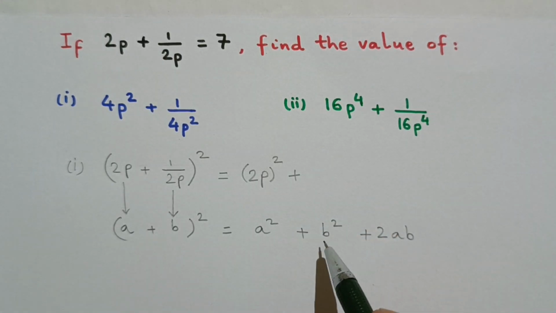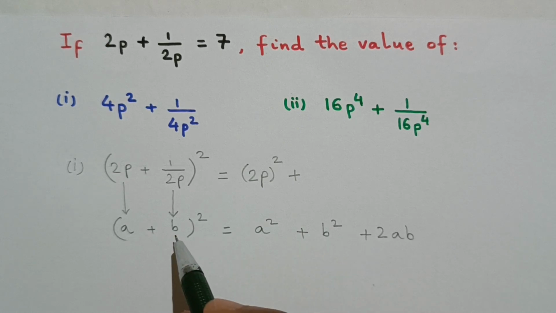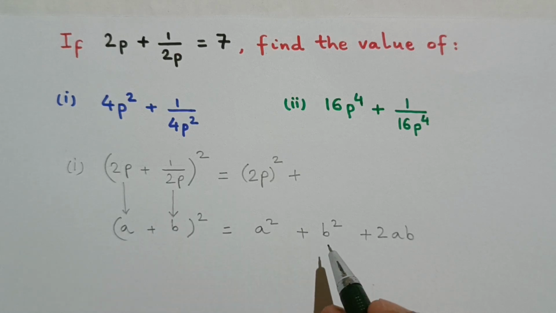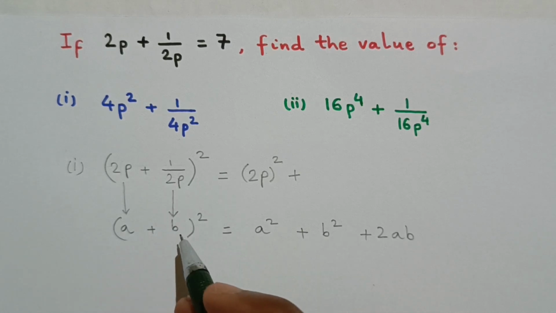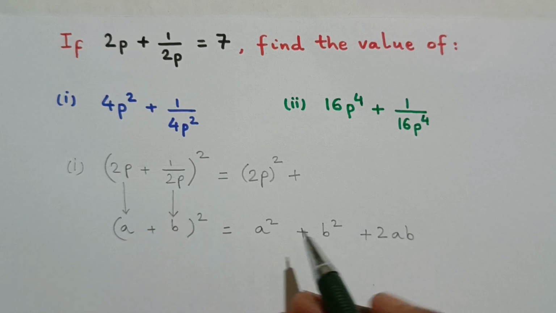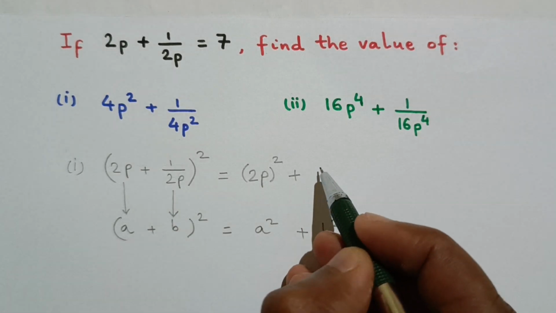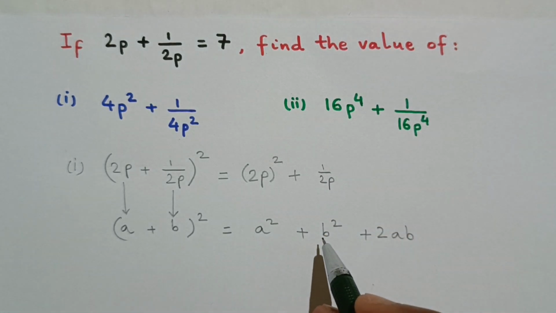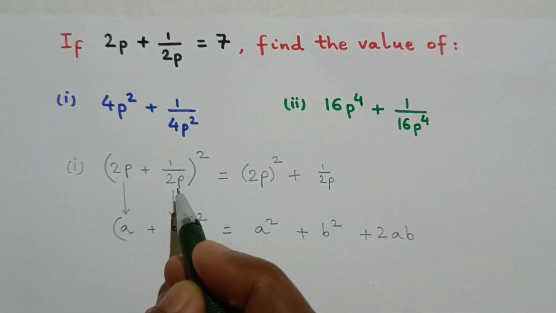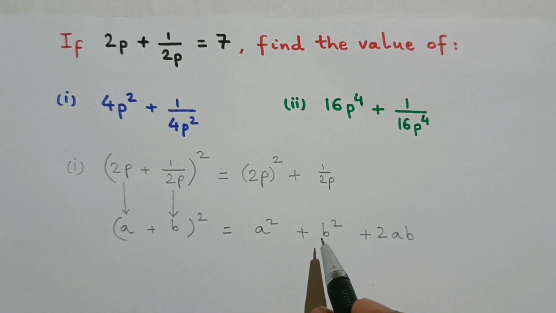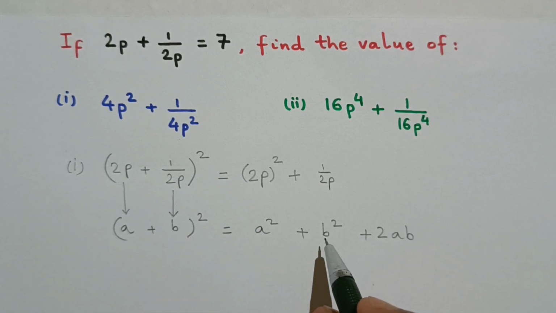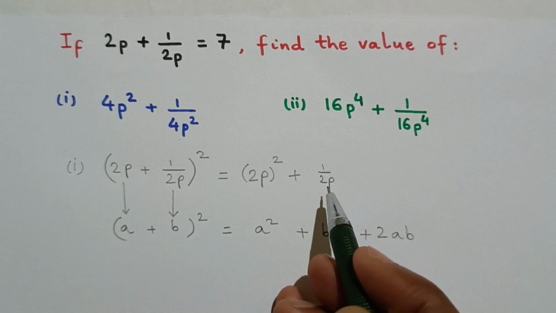b square. Now b stands for 1 upon 2p, so instead of b, I will write 1 upon 2p.